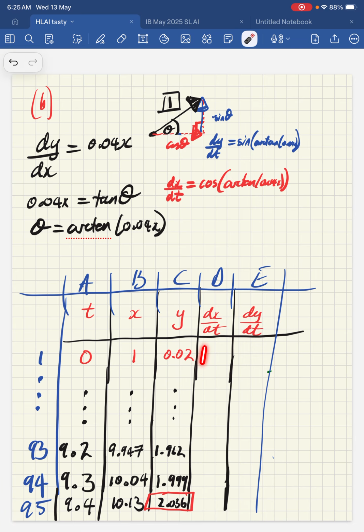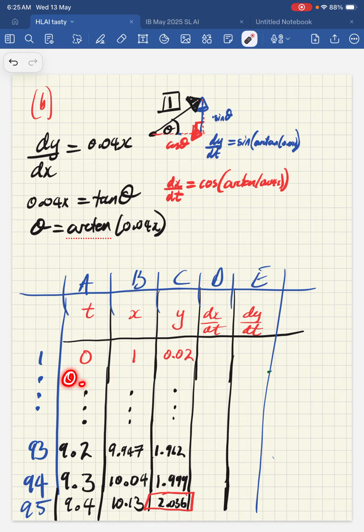This dx by dt references this number here, so you have to use a relative cell reference, and this dy by dt references this cell here, and of course the next x cell references the cell above plus the dx by dt times the step size. I made the step size 0.1, which seemed to make sense, but you have to drag down a heck of a long way to get to 9.47 meters in the x.